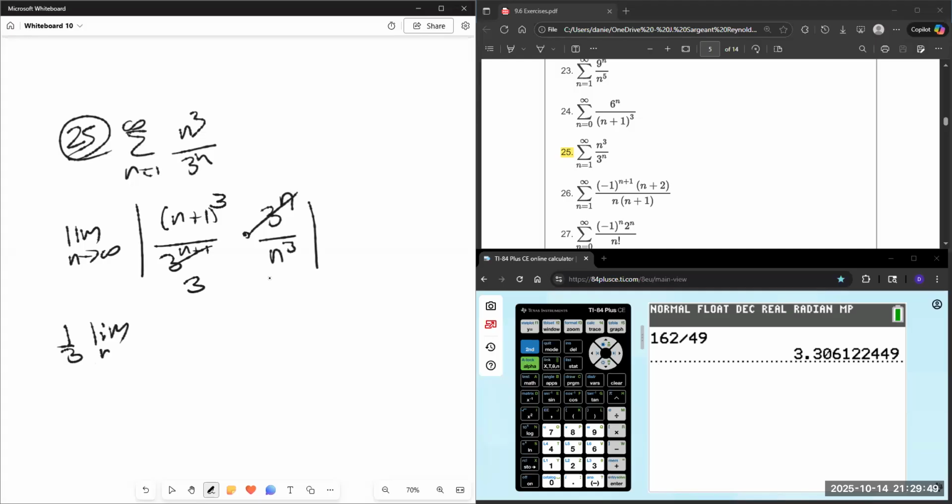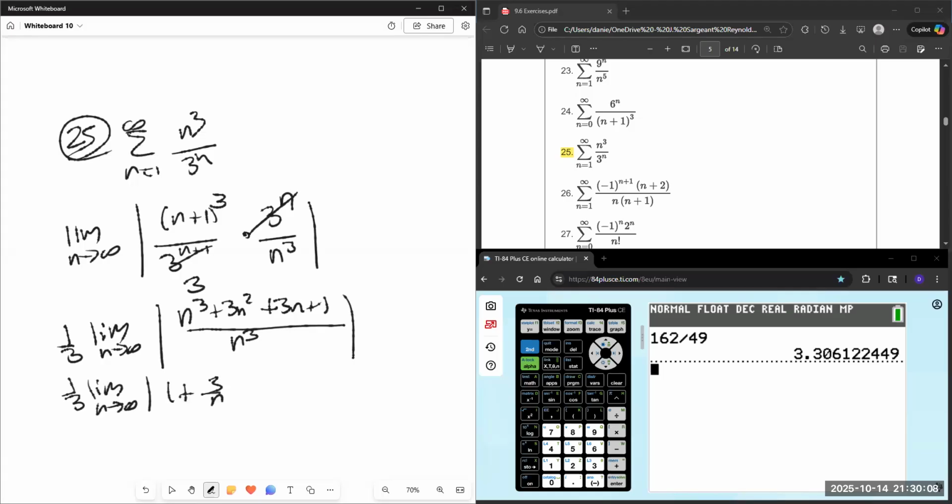The limit as n goes to infinity of (n cubed plus 3n squared plus 3n plus 1) over n cubed will be 1/3 times the limit as n goes to infinity of 1 plus 3 over n plus 3 over n squared plus 1 over n cubed. All these are going to 0. So 1/3 times 1 is 1/3, which is less than 1. So this converges.